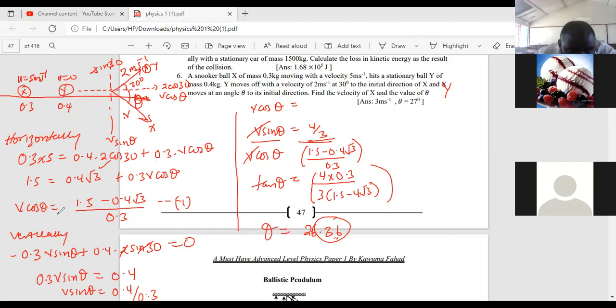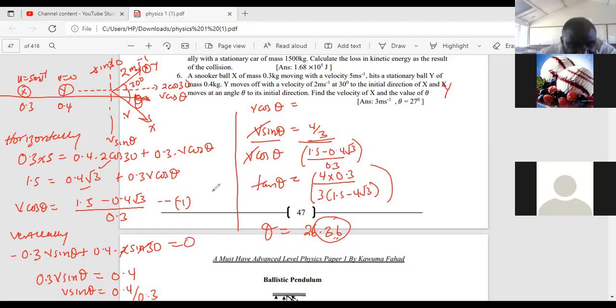Then I made V cos theta the subject. Then vertically upwards, we had Y, 0.4 times 2 sine of 30, which is correct. Then negative 0.3 V sine of theta, which is also very correct. So V sine of theta is equal to 0.4 out of 0.3, which is 4/3, correct.